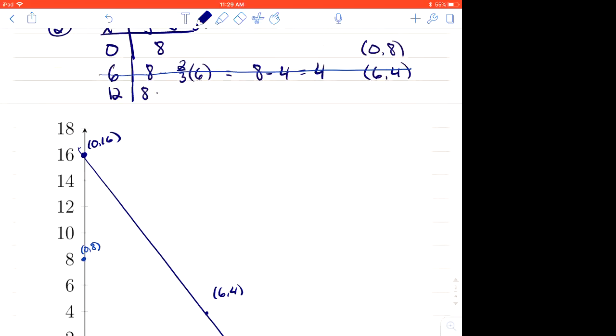Right, then I have 8 minus 2 over 3 times 12. So 12 divided by 3 is 4, times 2 is 8, 8 minus 8 is 0.